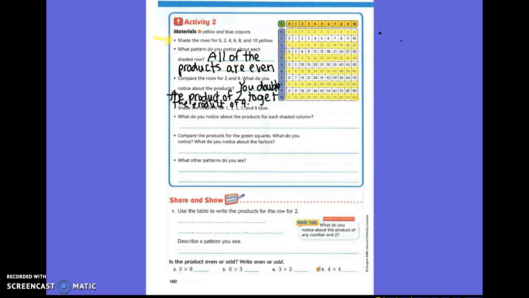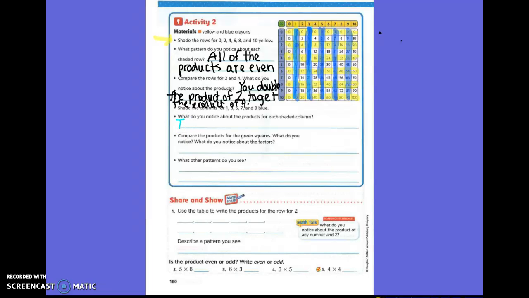Let's do that now. Okay, I shaded the column for 1, 3, 5, 7, and 9 blue. What do you notice about the products for each shaded column? It goes even, odd, even, odd.